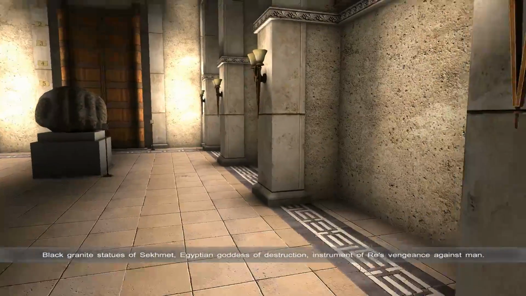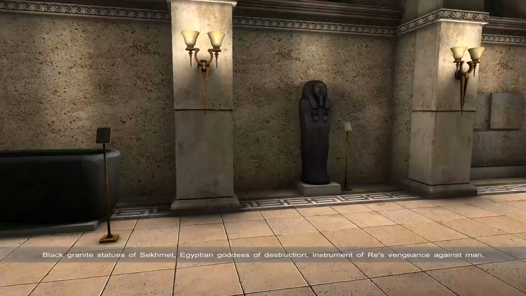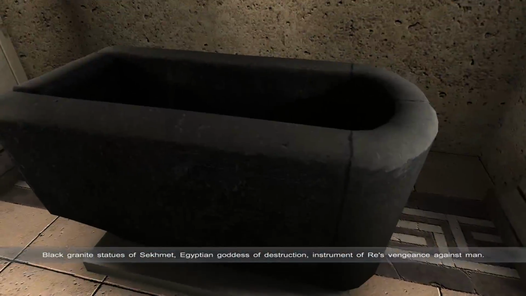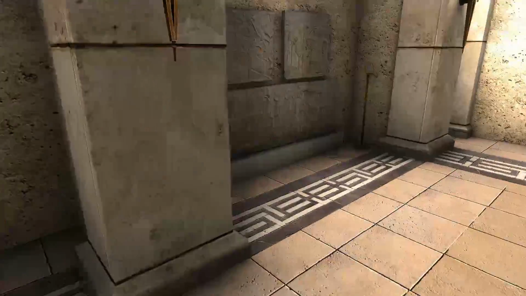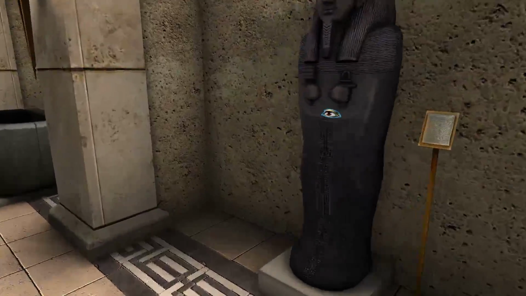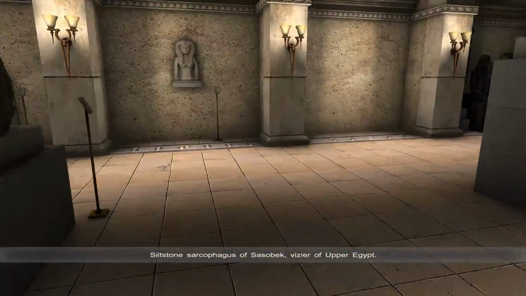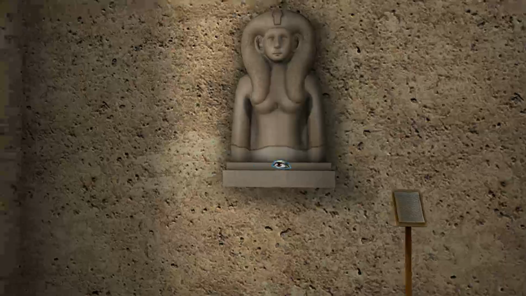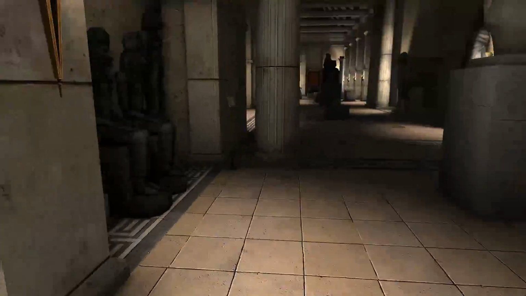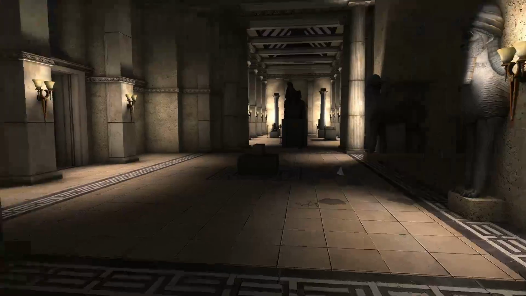Black granite statues of Sekhmet, Egyptian goddess of destruction, instrument of Re's vengeance against man. No. Siltstone sarcophagus of Sesabek, vizier of Upper Egypt. No. If it's not one of those, I don't need to interact with it.